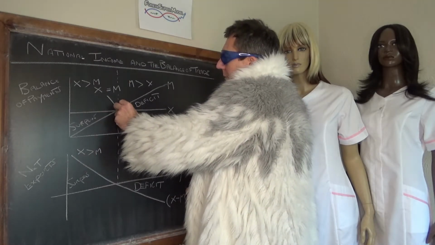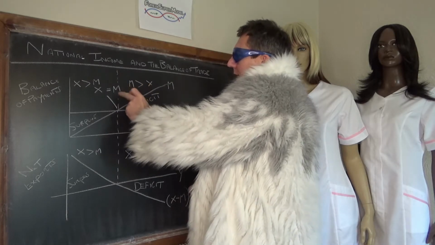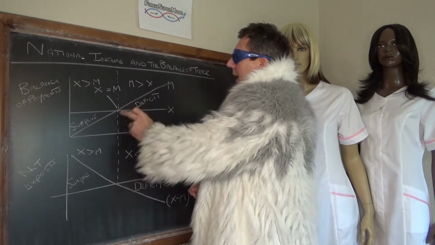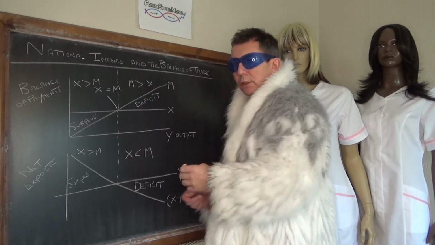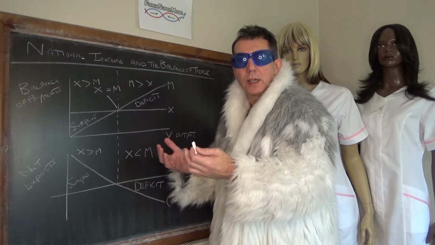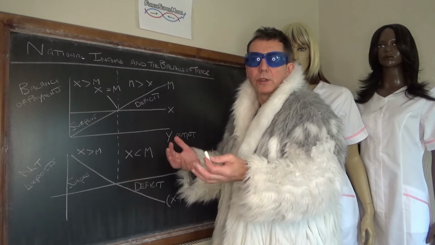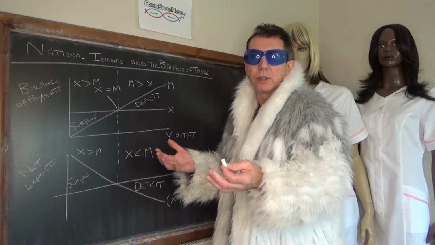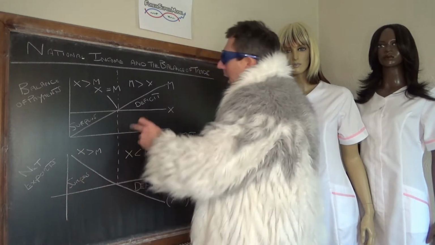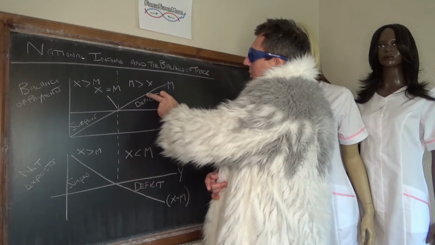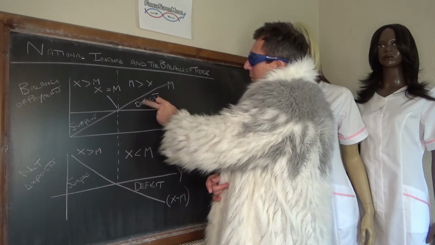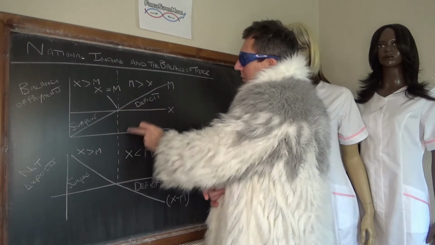Then we get a balance of payments equilibrium where exports equal imports, and beyond that, as income rises, we start sucking in imports, things like cars, washing machines, French wines, whatever you want. Imports start to exceed our exports, and we get a balance of trade or payments deficit beyond this point.